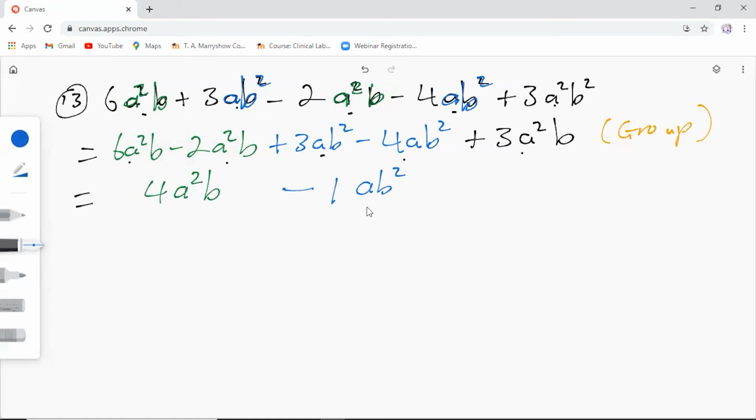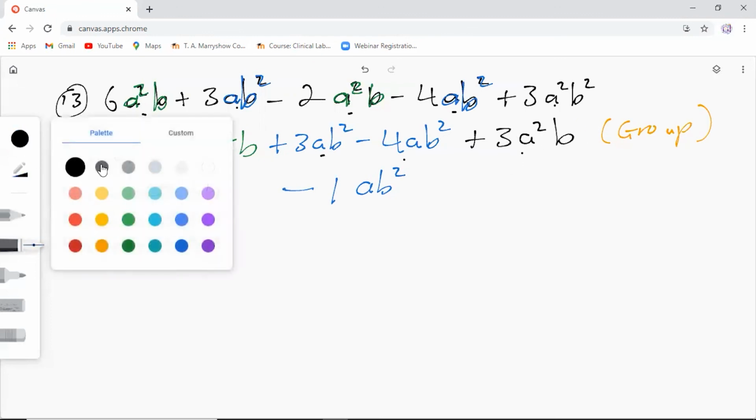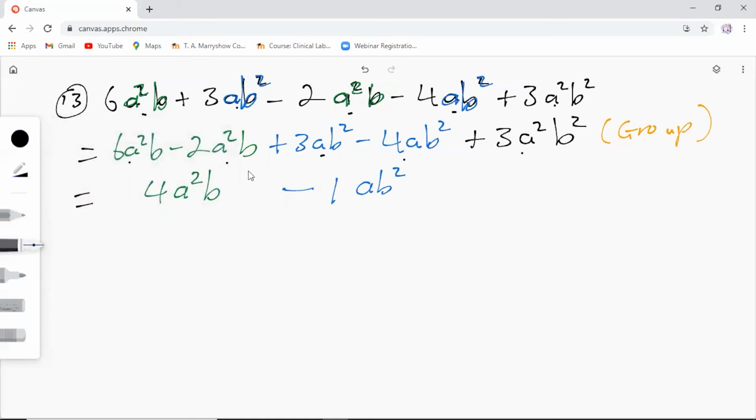Later you would realize that that's the same as minus ab squared. Then we bring down the 3a squared b squared.